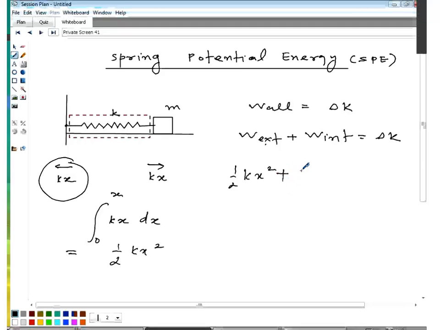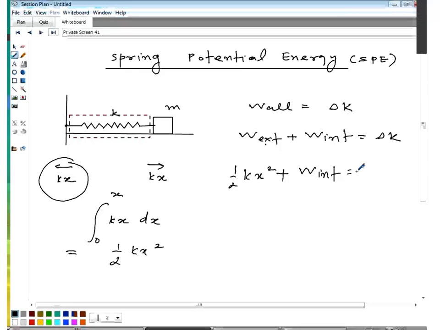And spring force is conservative. Spring is our system, and we are talking about ideal spring, which is light, no mass of its own.